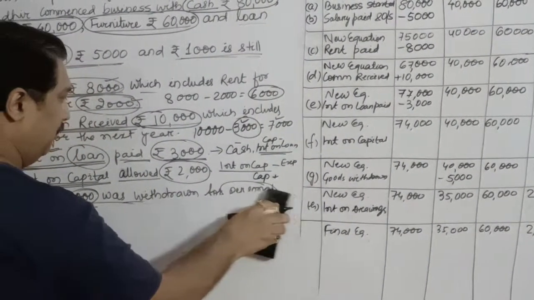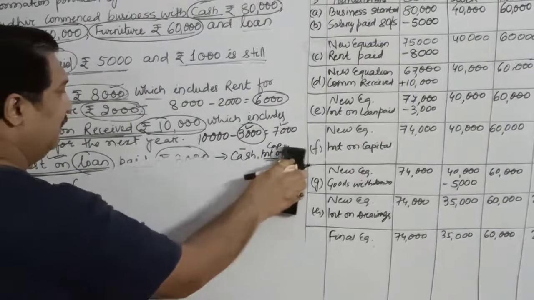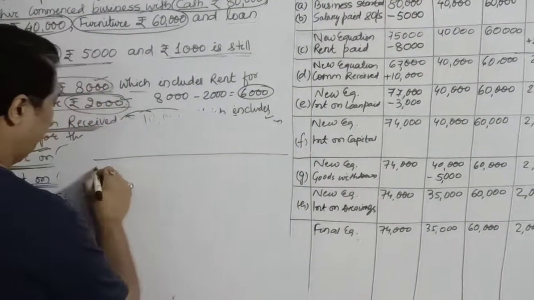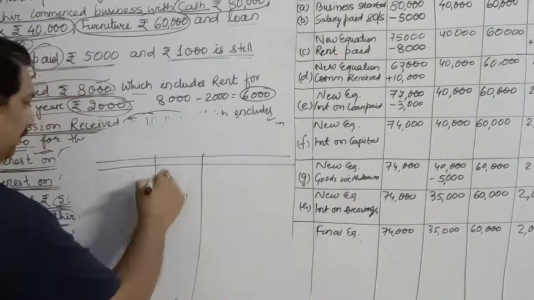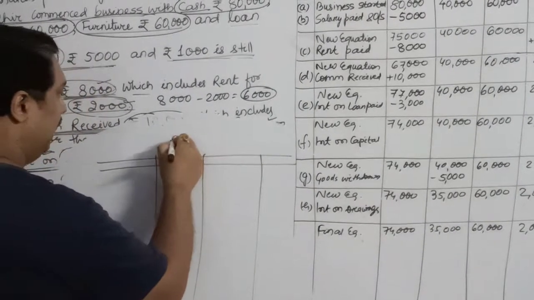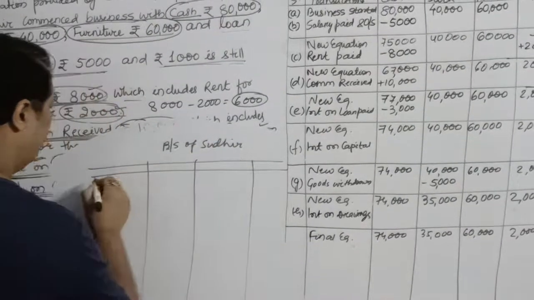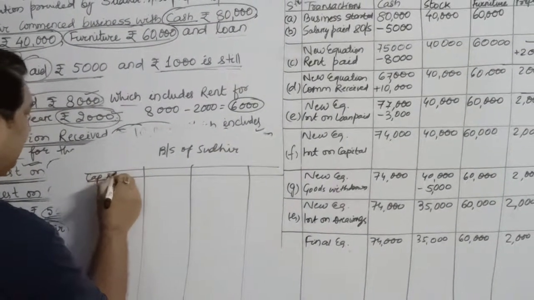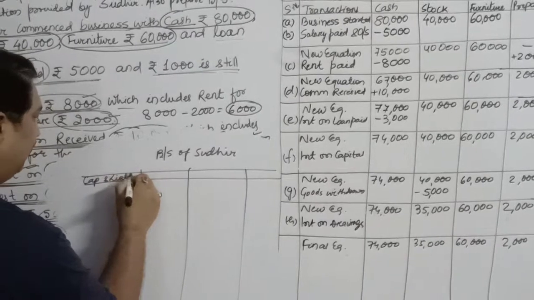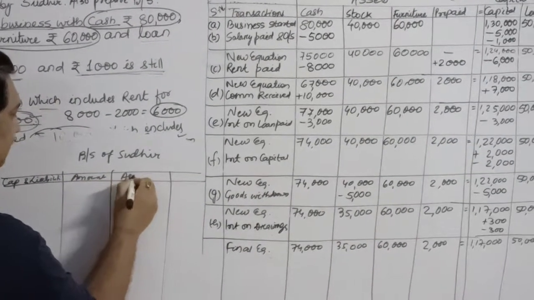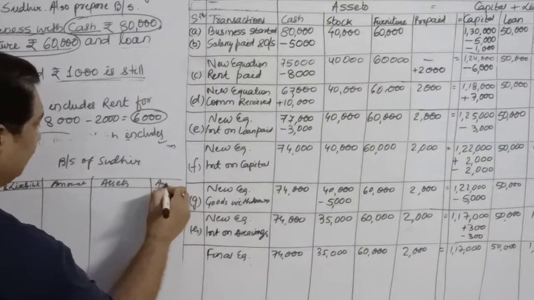So I am just rubbing it off and I will prepare the format for a balance sheet. I'll just write balance sheet of Sudhir. On the left hand side I will write capital and liabilities, amount. On the right hand side I am supposed to show the assets.